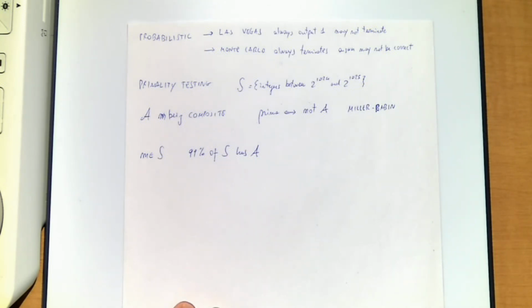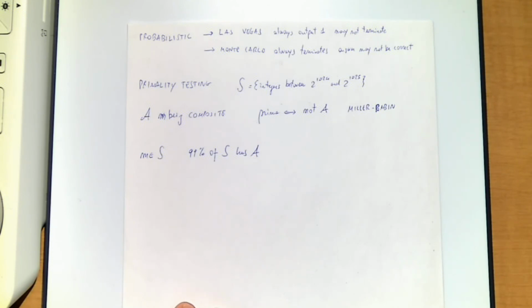Okay. So if I'm looking for absolute certainty, like a Las Vegas type algorithm, it may be difficult to actually certify that. But what we can do is settle for an algorithm that is faster, even though it's not absolutely certain to be correct.